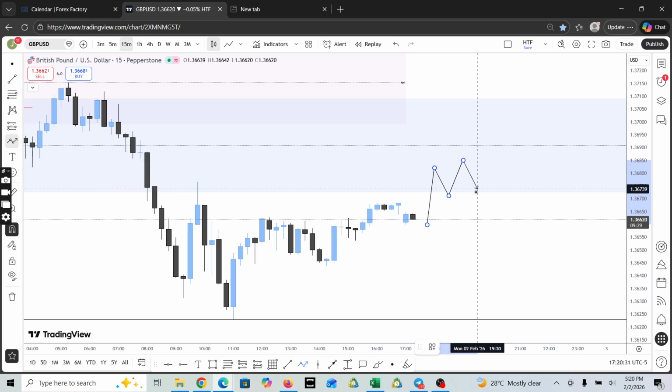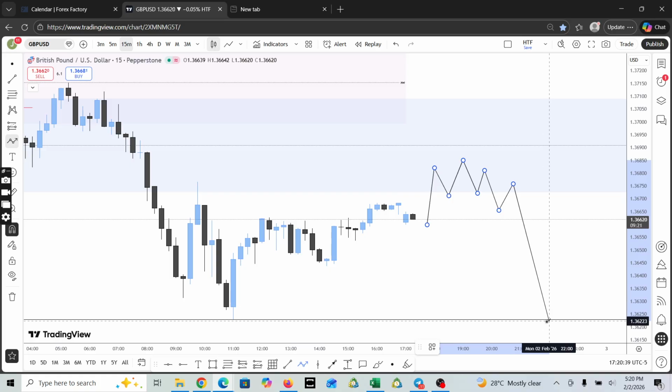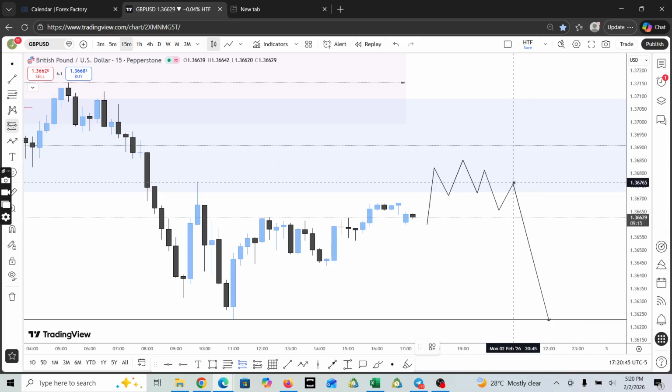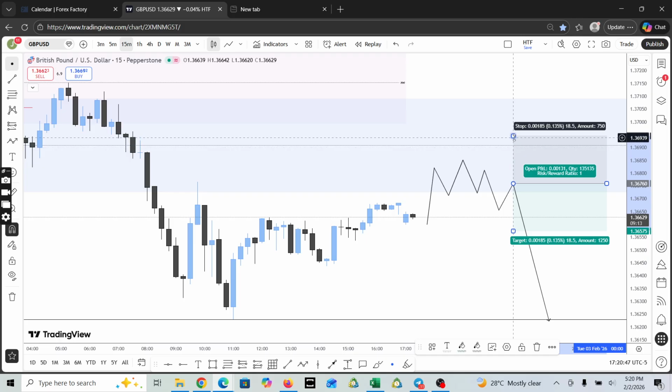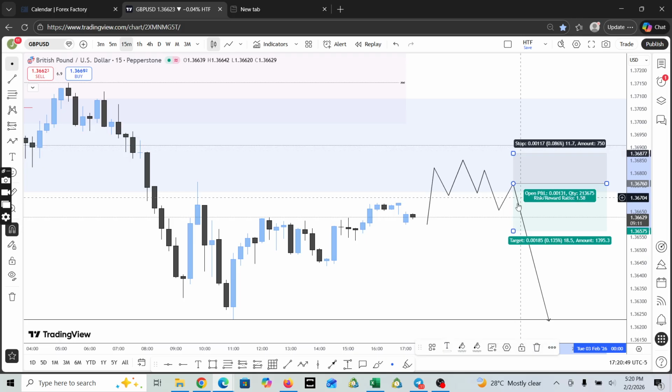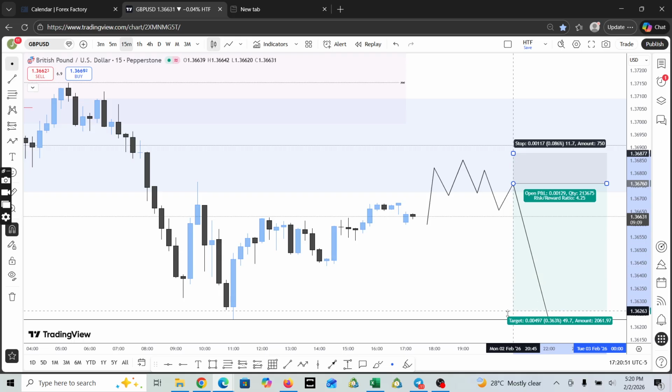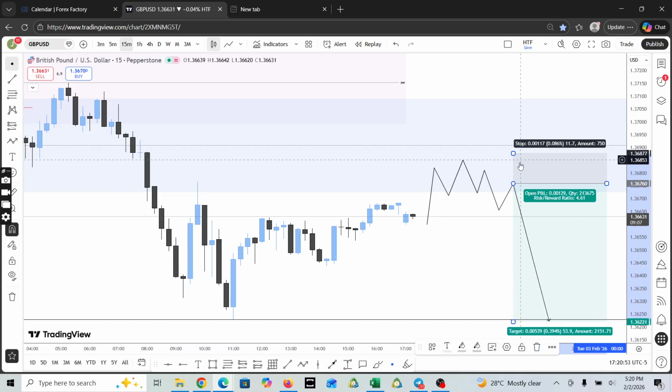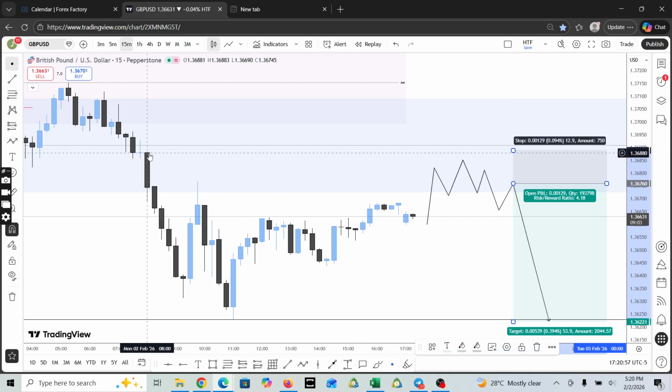Get some like this, close below these ones. You can look for a trade here to go downside. All right, so we can look for short here. Our stop can go above this value gap.